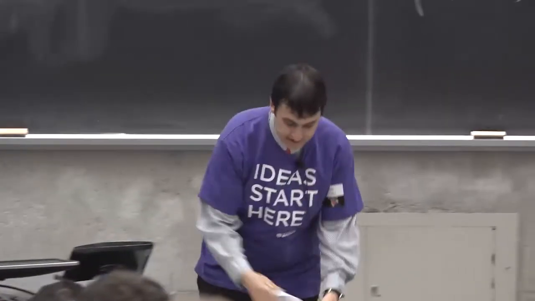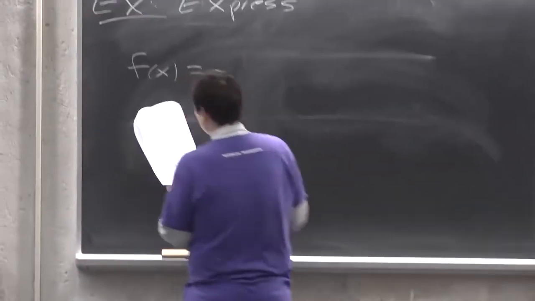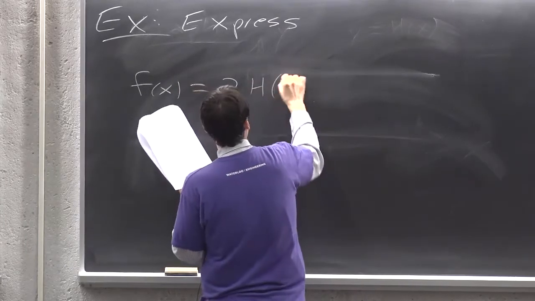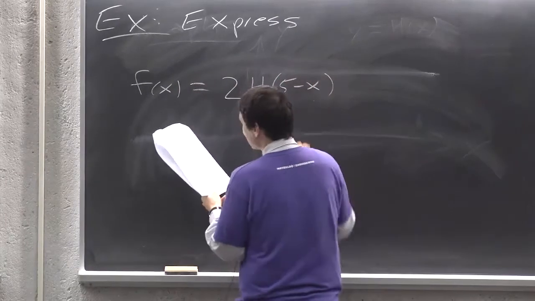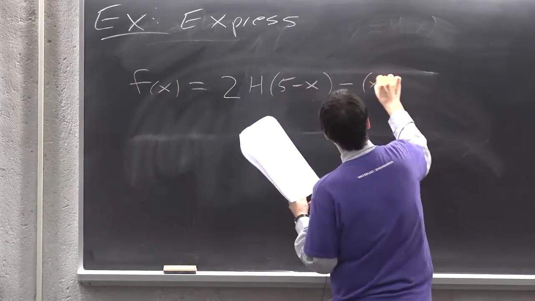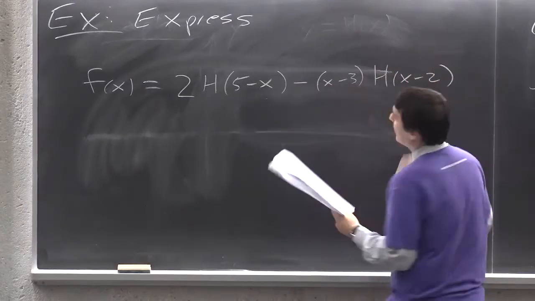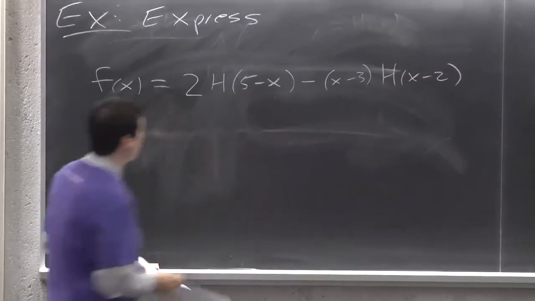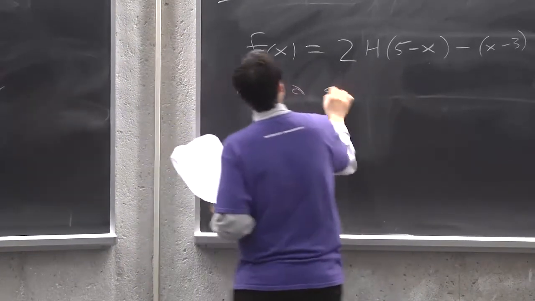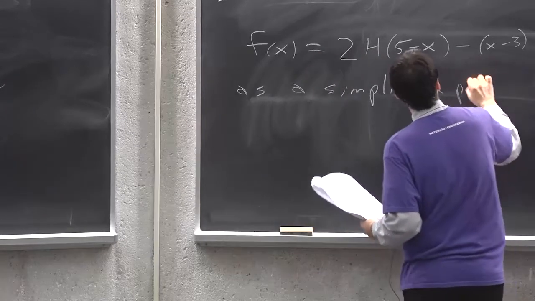It's just nice if I have the same example that I wrote down, so excuse me while I get my notes here. So 2 times h of 5 minus x minus bracket x minus 3 times h of x minus 2. Express this function as a simplified piecewise function.